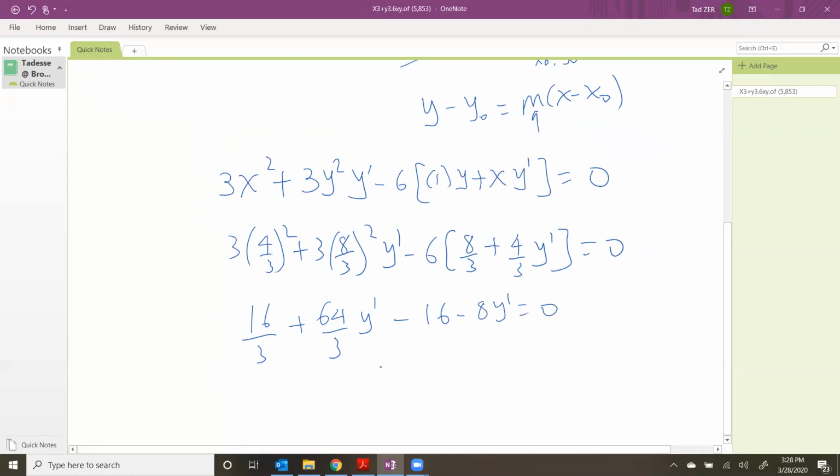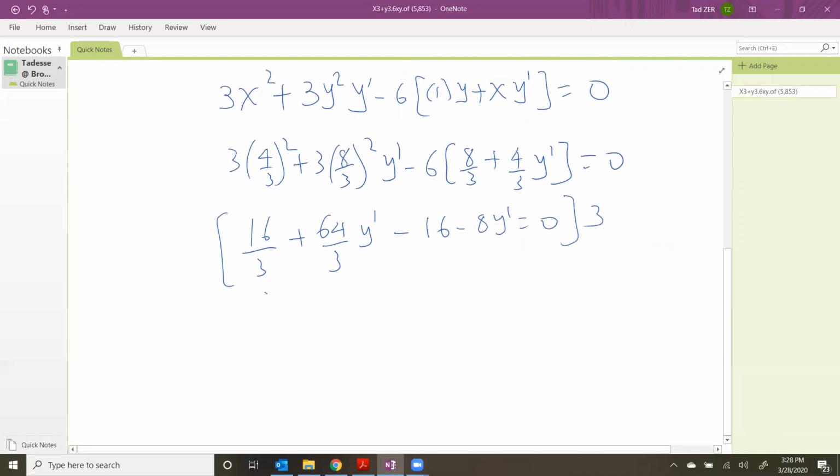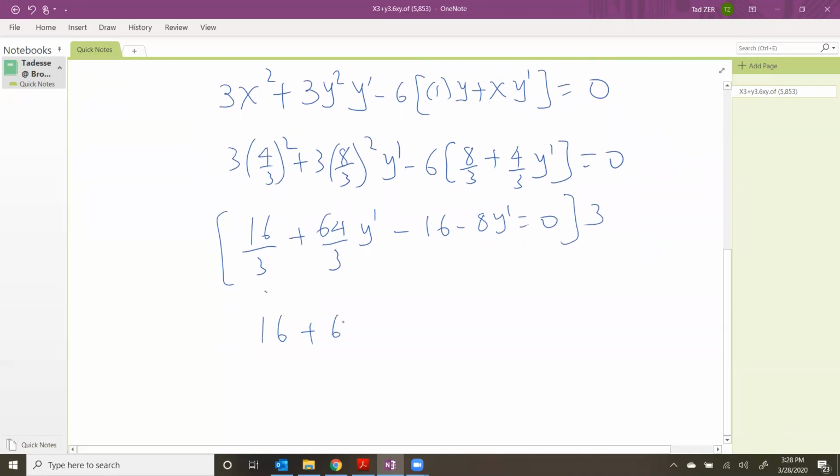So let's multiply everything by 3 to get rid of the denominator. So that would give you 16 plus 64 y prime minus 48 minus 24 y prime equal to 0.